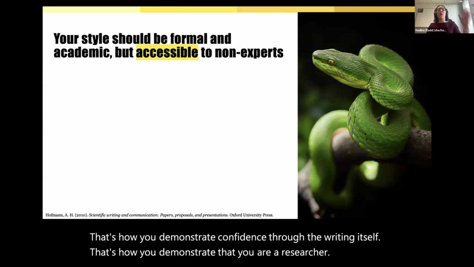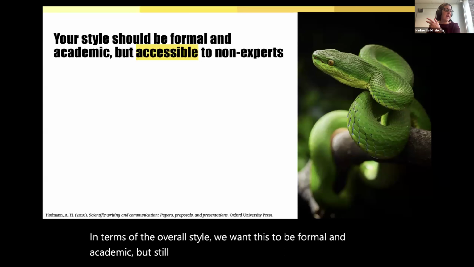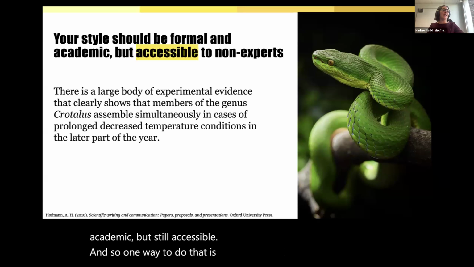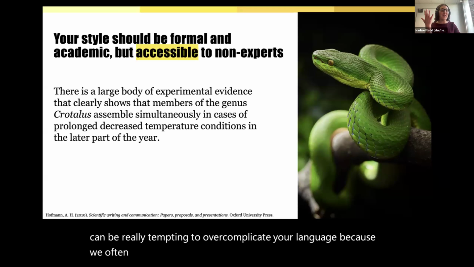In terms of the overall style, we want this to be formal and academic, but still accessible. And so one way to do that is to simplify sentence structures. So it can be really tempting to overcomplicate your language because we often equate formality with, you know, a higher level of thought, more complicated thoughts.